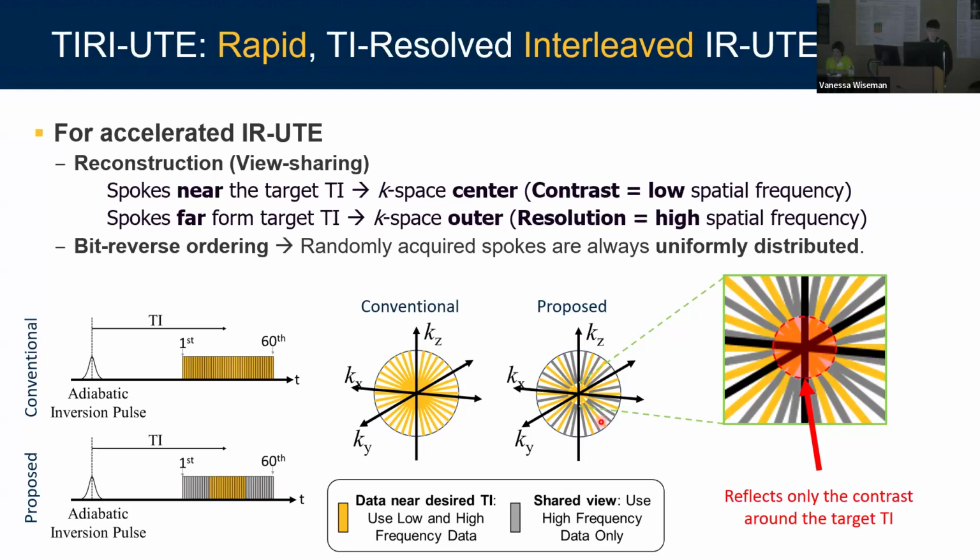Because the k-space center reflects contrast, and the outer region reflects resolution and sharpness. In addition, we use bit reverse ordering, so randomly acquired spokes are always uniformly distributed.